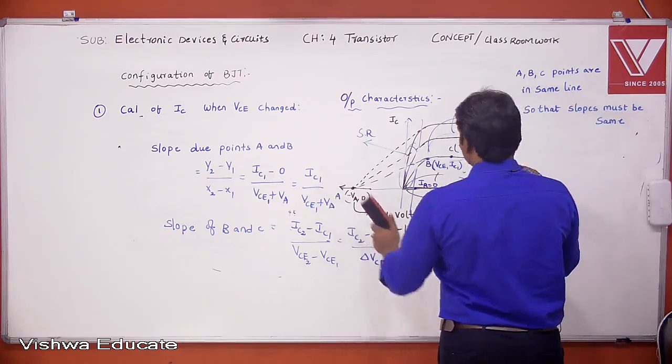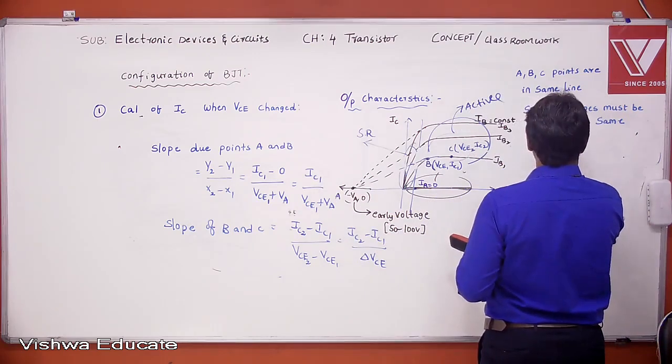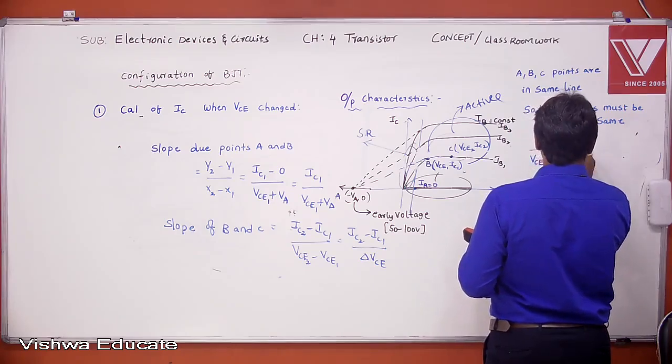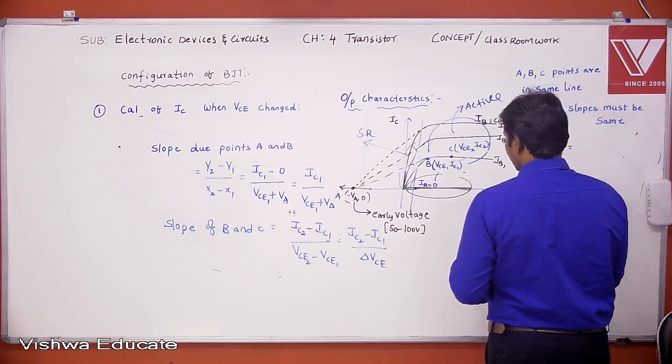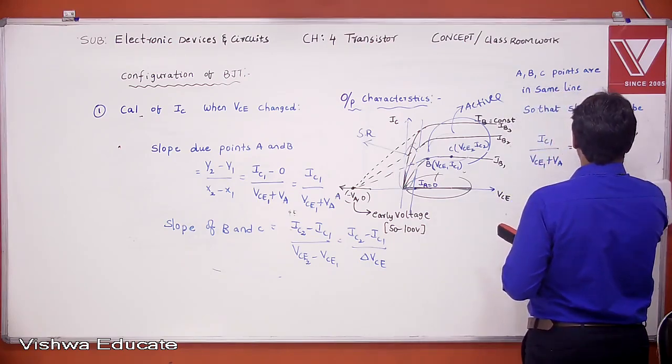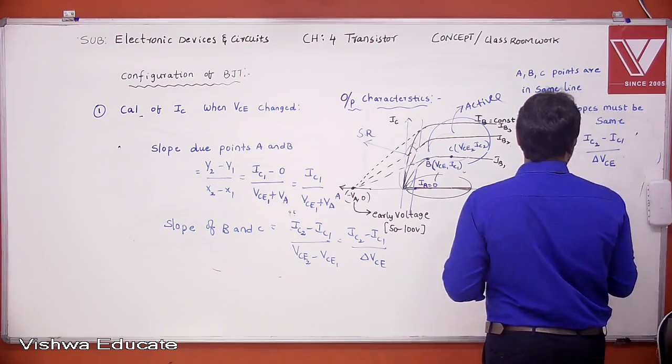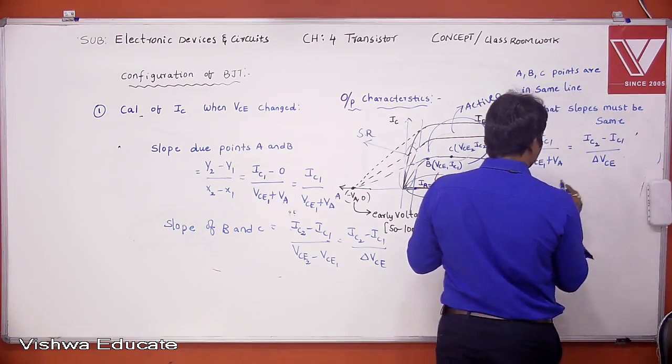Right? Here this is IC1 by VC1 plus VA. Next, IC2 minus IC1 by delta VC. Right.